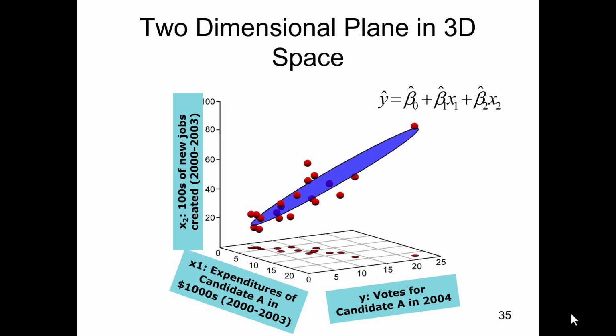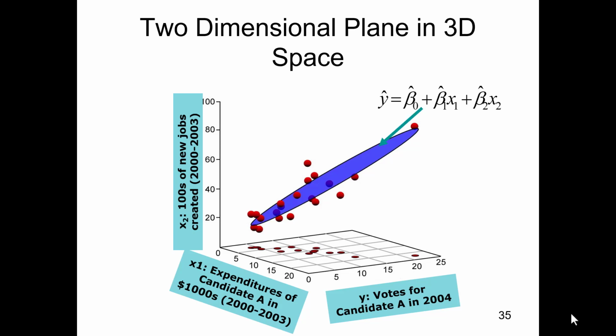And so here our equation is: our dependent variable is related to a constant, beta naught. The hat means this is an estimated constant. Beta 1 hat is the estimated slope, based on the data, for the relationship between x1 and y, the dependent variable. And beta 2 hat, the estimated slope, not the real slope in reality but our estimated slope, reflects the relationship between x2, the other independent variable, and our dependent variable, vote share.